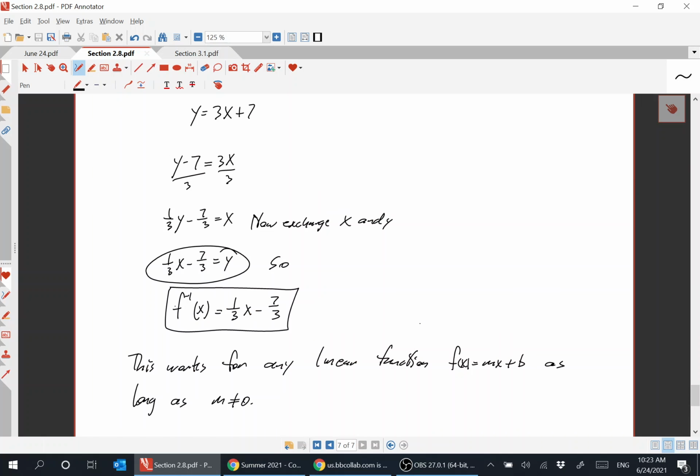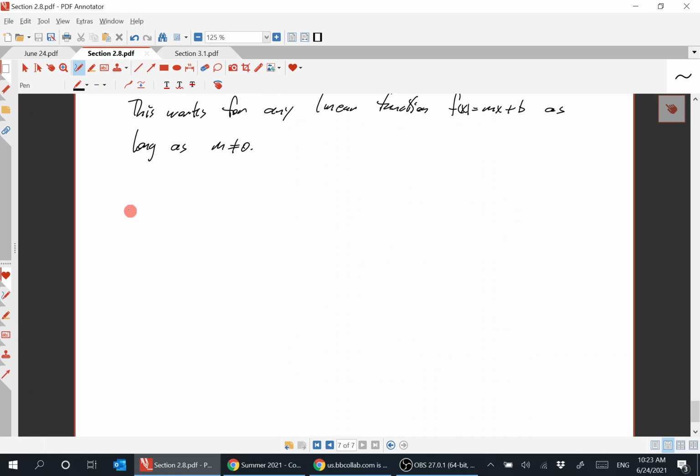Anyway, what about other types of functions? Well, this type of function also always has an inverse function. Why it is one-to-one requires knowing what the graph of this thing looks like, which we really haven't covered yet, but we'll just assume one-to-one.